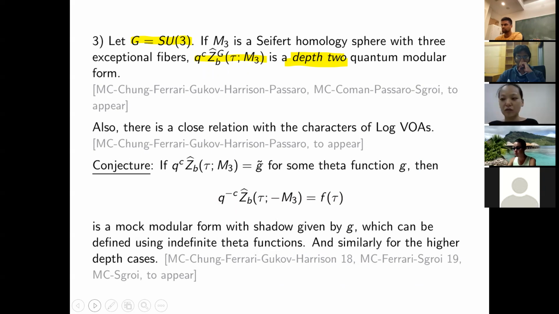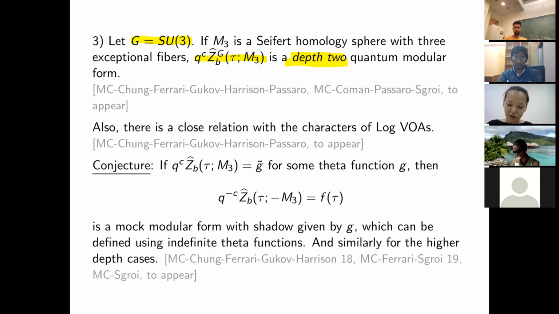And just very concretely for SU(3), you can show that this is a depth 2 quantum modular form. The higher depth quantum modular form is a notion very similar to higher depth mock modular forms, which says that now the cocycle doesn't have to be nice and analytic, but the cocycle, the quantum modular form itself, is of lower depth.